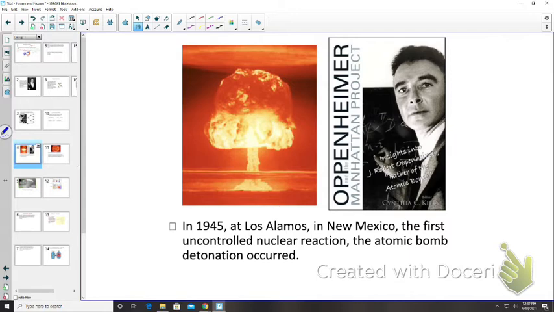The development of the Manhattan Project is actually a pretty interesting story. Once Oppenheimer had seen the destruction of his bombs, he was quoted saying, "I have become death, destroyer of worlds." It's a pretty scary quote. Again, this was once he saw the damage caused by the explosion of the bombs which he helped develop.